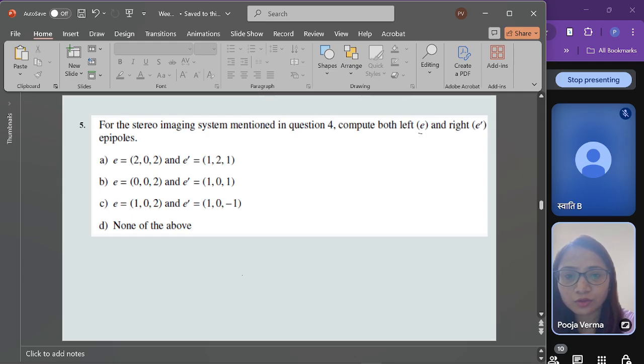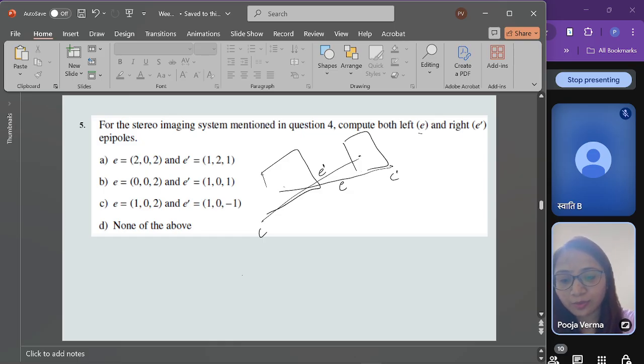If you look at these diagrams with the left and right images, what is the right epipole E dash? It is the projection of the left camera center into the right image. The left epipole is the opposite: it is a projection of the right camera center C dash into the left image.